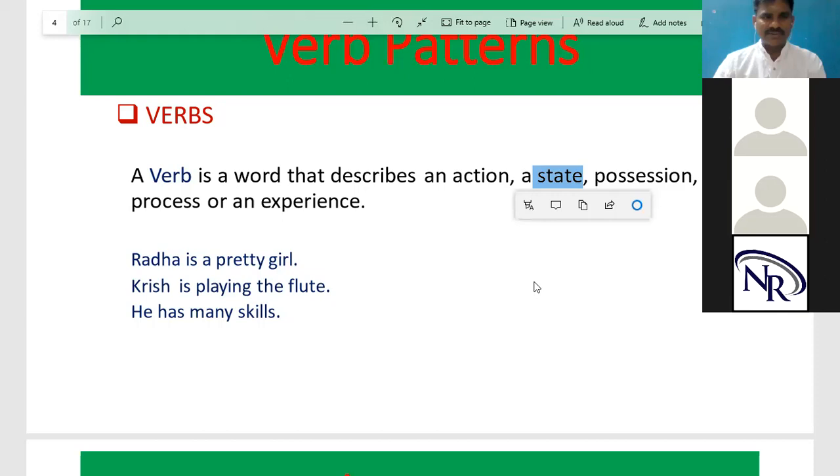Krish is playing the flute. Here, what is the verb?